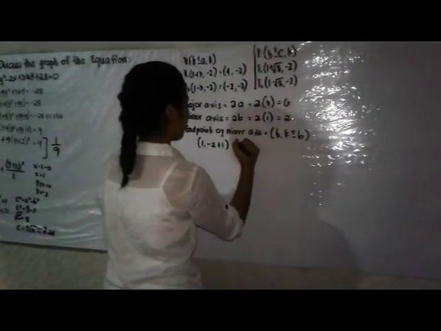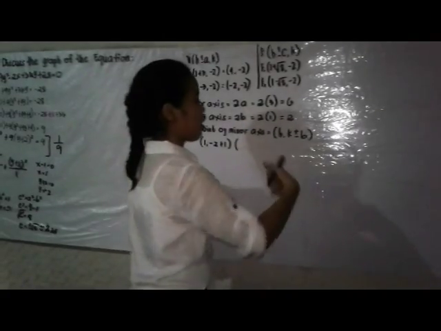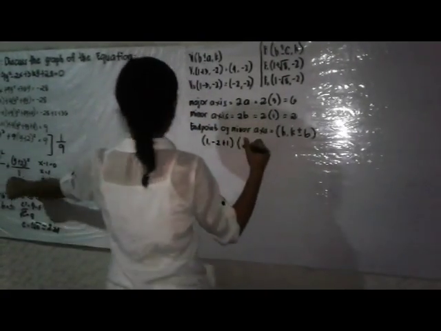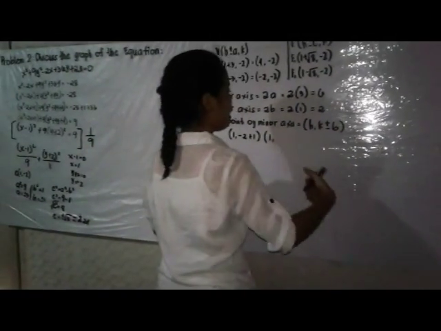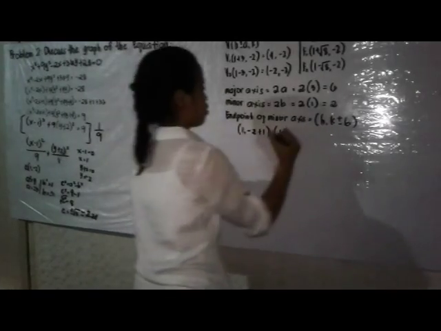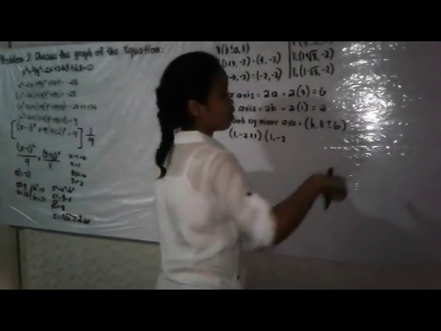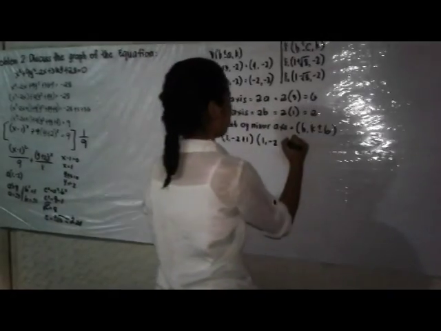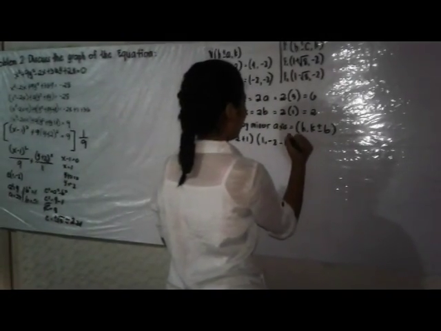Then the next one is h, k minus b. So our h is positive 1, then our k is negative 2, then the negative b, which is 1, so negative 1.